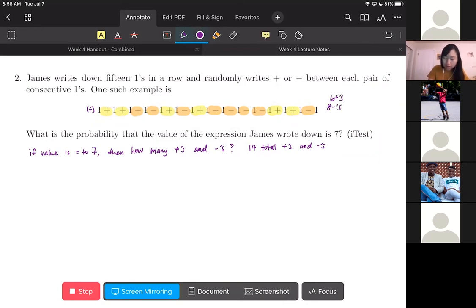If we calculate the value of the expression here, we get 1 plus 1 is 2, plus 1 is 3, minus 1 is 2, minus 1 is 1, plus 1 is 2, minus 1 is 1, plus 1 is 2, and then we minus 1, minus 1, minus 1, that becomes minus 1, and then we plus 1, that becomes 0, then we minus 1. Did I do that right? That's wrong.